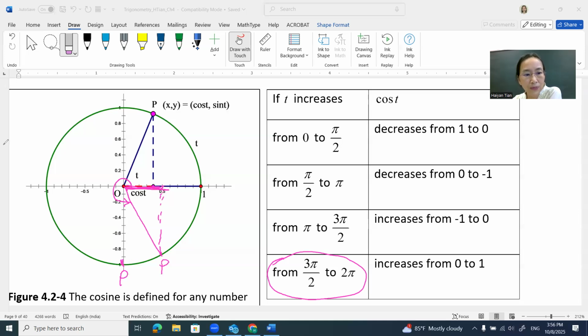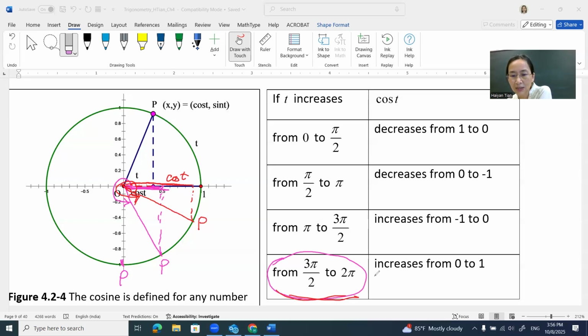Then when t is in this range and increases to another value, let's assume I draw another t here. This is a bigger t because it's going to go all the way here. So that point P will have an x coordinate, which is the cosine t in red, you see, more positive. So that shows the cosine t increases, right?